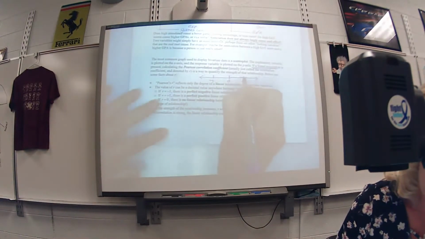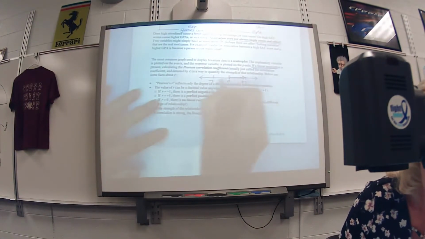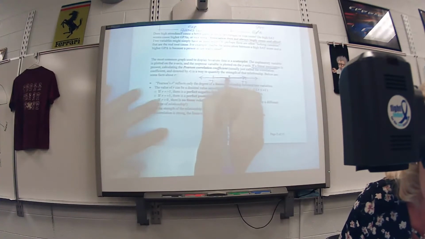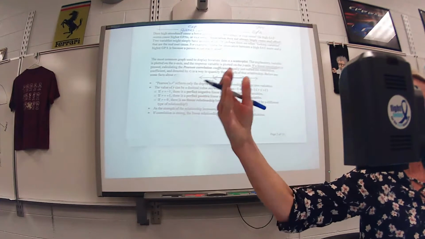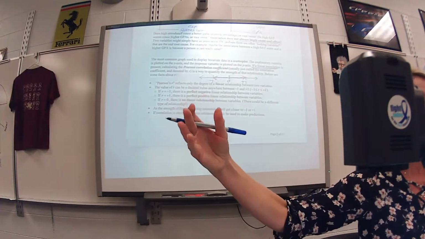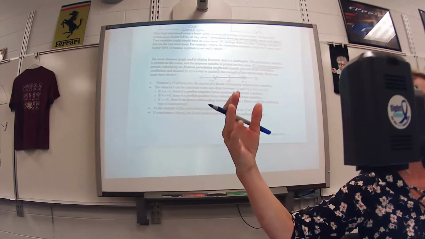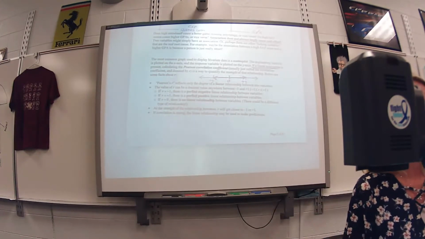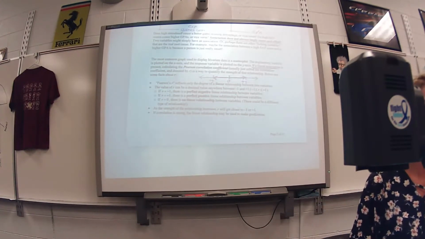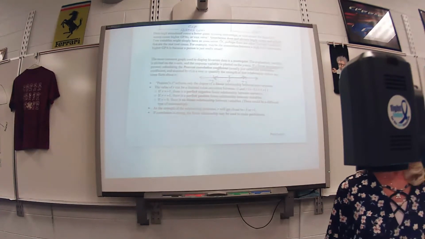The closer you get to +1, or the closer you get to -1, it gets more, and the strength increases. Okay, +1 and -1 are both perfect correlations. It just means one is perfectly going up and one is perfectly going down, okay?